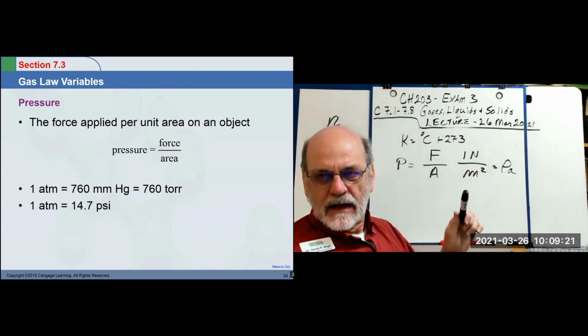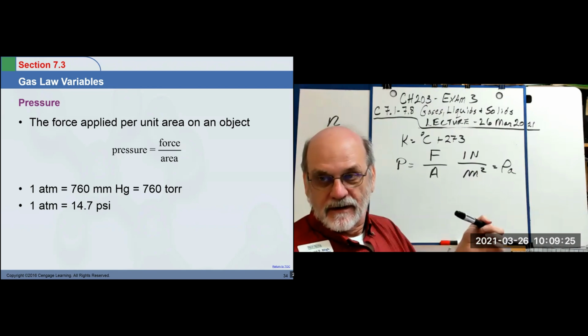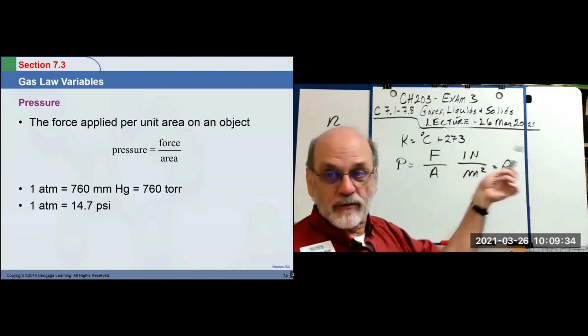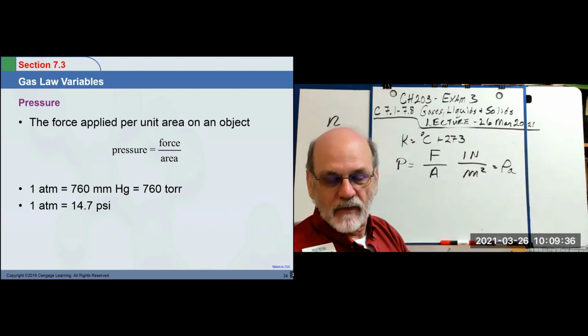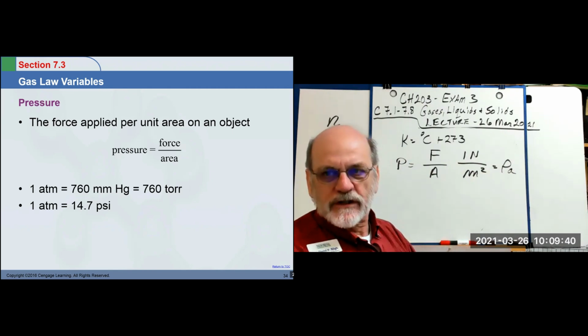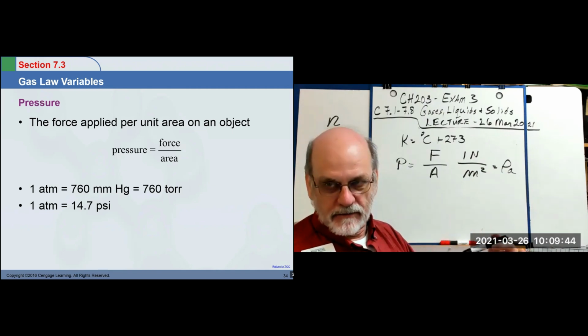But there is some historical baggage to be considered when we talk about pressure. That may be the standard, and it's interconvertible with other measurements of pressure, but measurements of pressure were developed using other types of units.